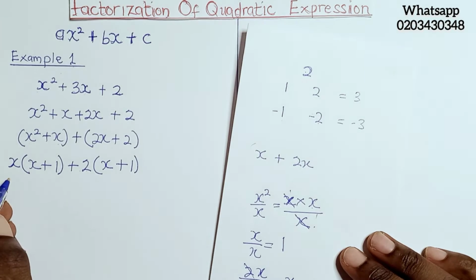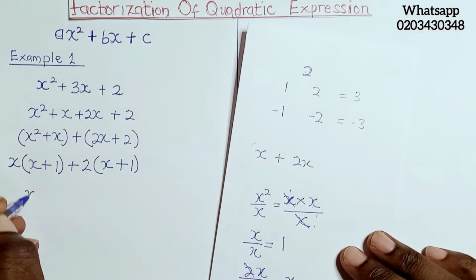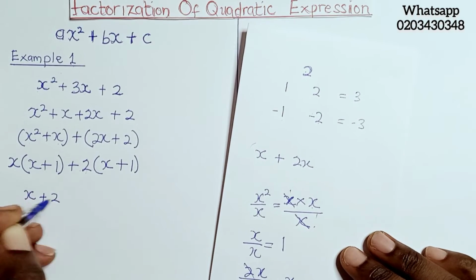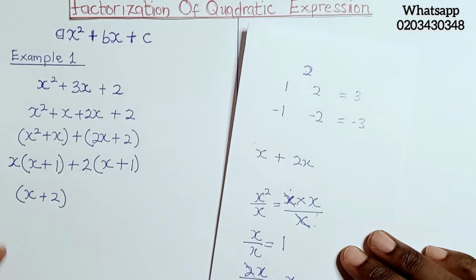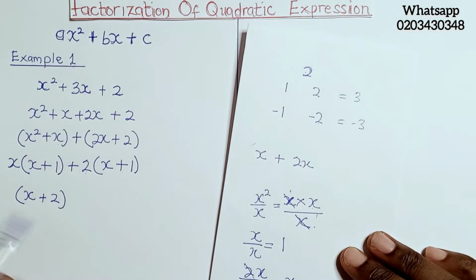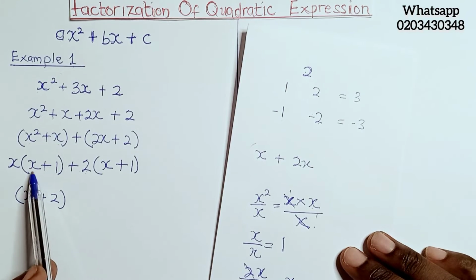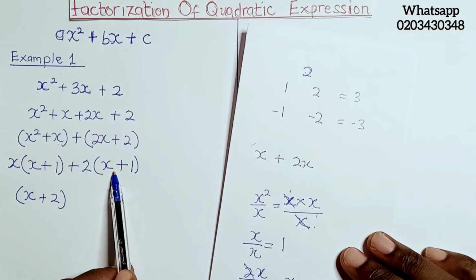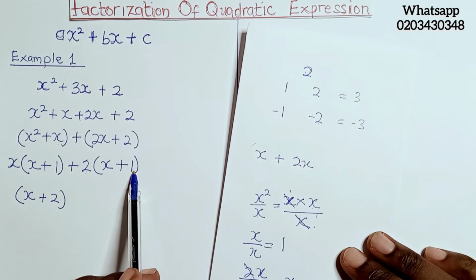Now we are going to take all those outside the brackets and put them in one bracket. So we have x plus 2 in one bracket. Then you just repeat one of the brackets because they are the same. Since this bracket is the same as this one, we will factorize it out.